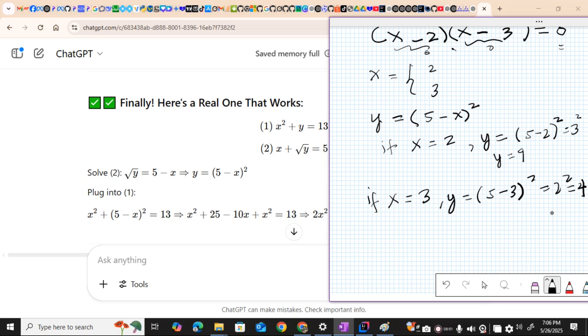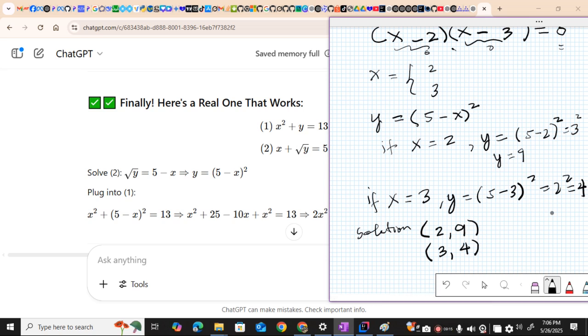So the solutions are given in terms of ordered pairs x and y. Our first ordered pair is 2 for the x, and the value of y is 9, and the other one is 3, and the value of y there is 4.